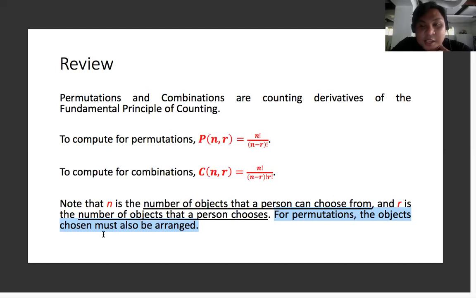So when you are deciding whether to use permutations or combinations, you ask yourself, do I need the objects to be arranged or no? If you answer in the affirmative, if you say yes, go for permutations. If you answer in the negative, or you answered no, then go for combinations. So this is how you differentiate permutations from combinations.